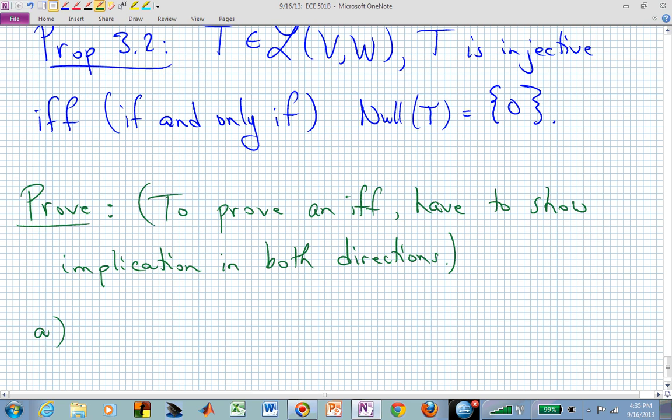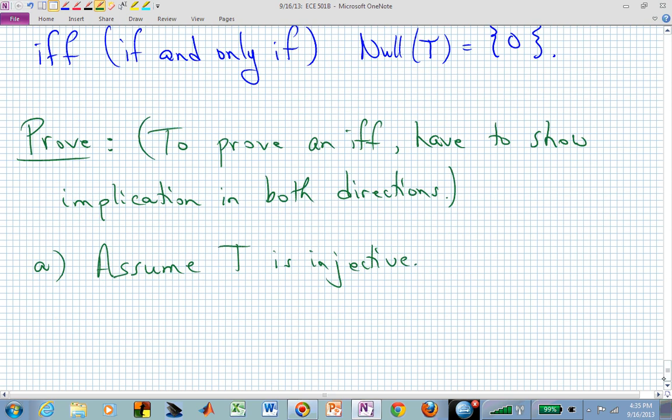So first, let's just assume that we have an injective map. So assume T is injective. We need to show that that implies the null space of T is only the zero vector. That's the concluding statement that we're trying to show is true. So let's assume T is injective.